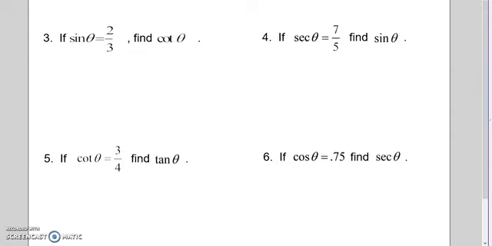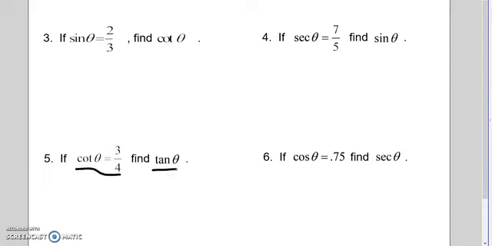So we have the sine theta is equal to 2/3. And in many of these problems, I recommend that you draw your triangle and you label the sides and then calculate what trig ratio you have to find. Now, sometimes you get lucky, and so like in this problem here, cotangent and tangent are just reciprocals of each other.